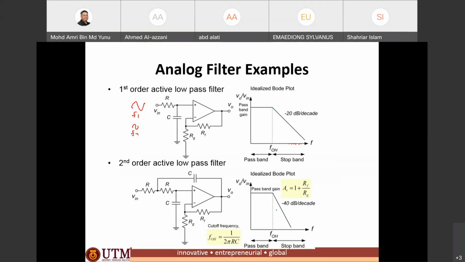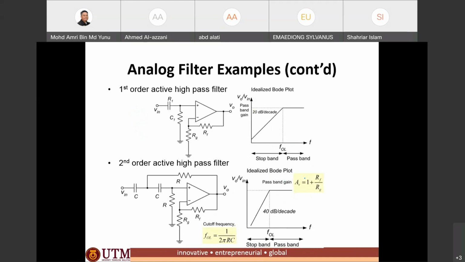For second order, the gain will reduce much faster, at a much steeper slope of negative 40 dB per decade. So the removal of the unwanted signal will be much more effective for the second order low pass filter.